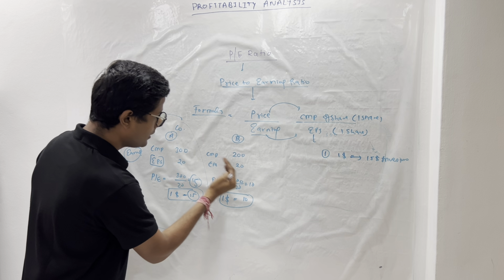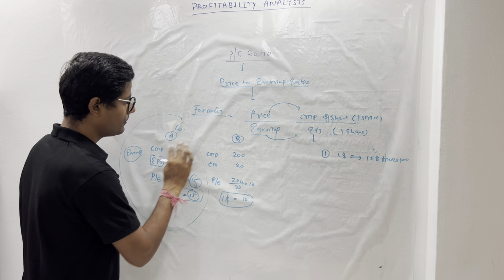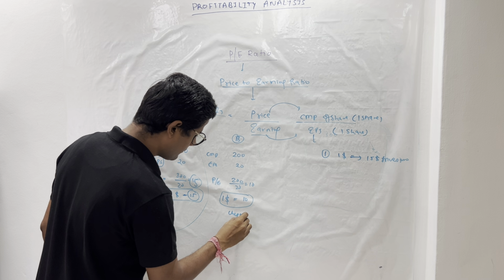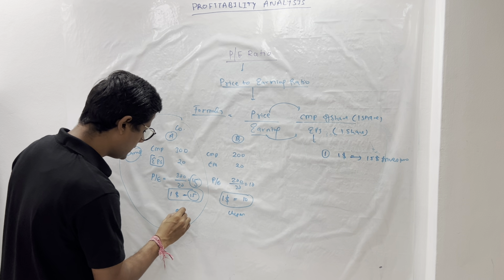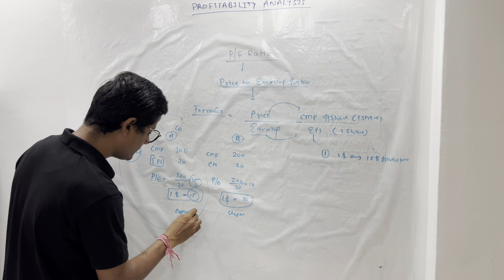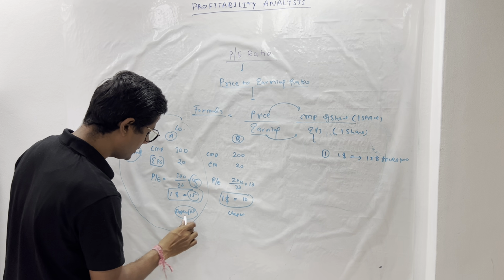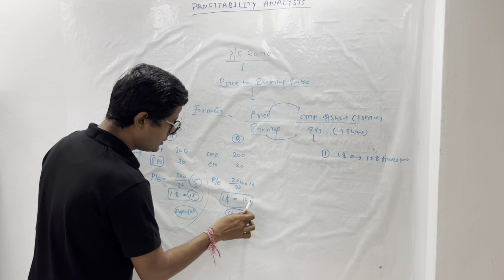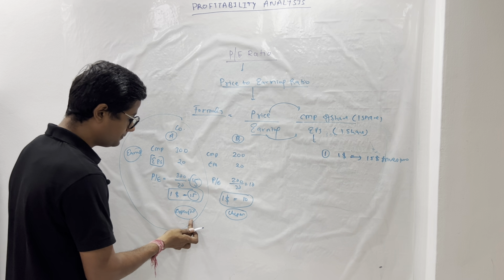If you just compare these two companies, you may feel this stock is a bit cheaper and this stock is a bit expensive. When we say expensive, we would say overvalued basically, but I'll not use that term now.